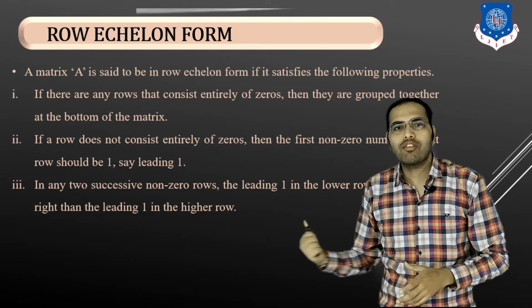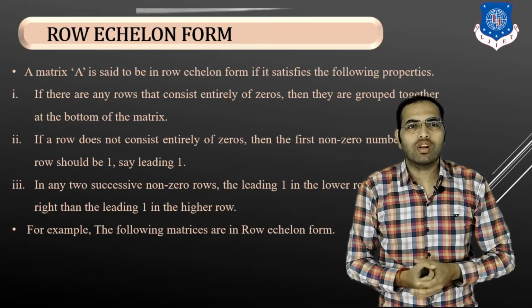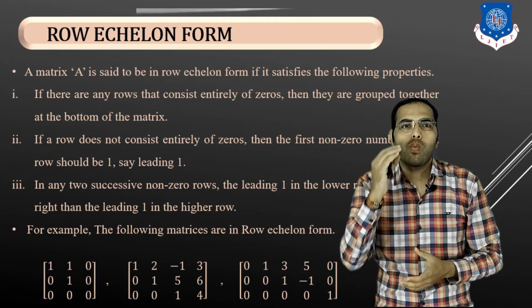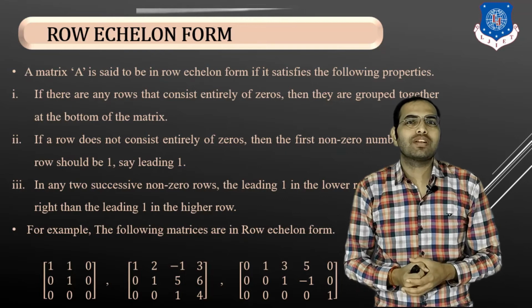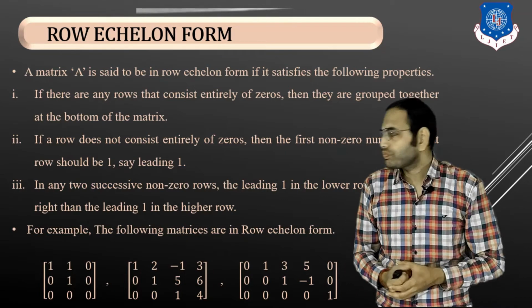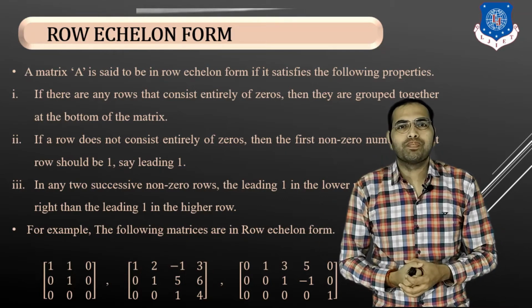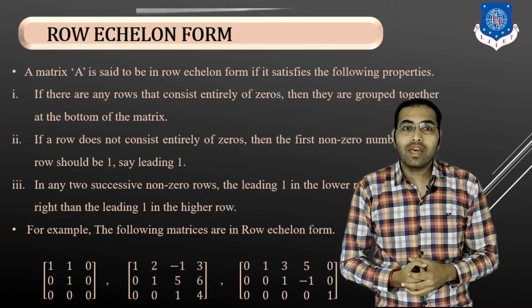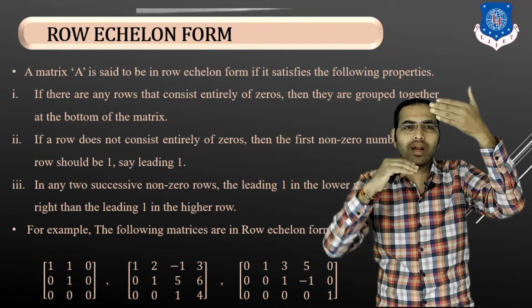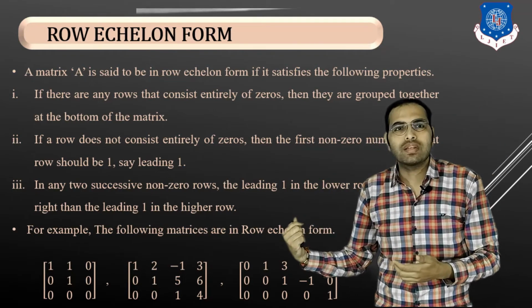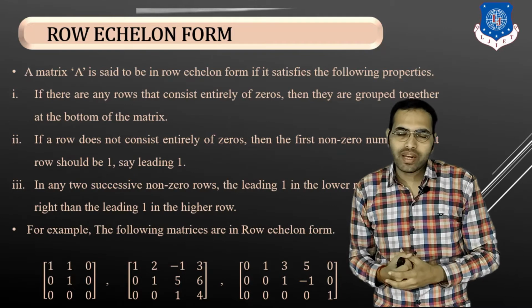Let's see a few examples of row echelon form. First example: first row is 1 1 0, second row 0 1 0, and every element of the third row is 0. In this example, the first property is satisfied: non-zero rows lie above and the zero row lies at the bottom.